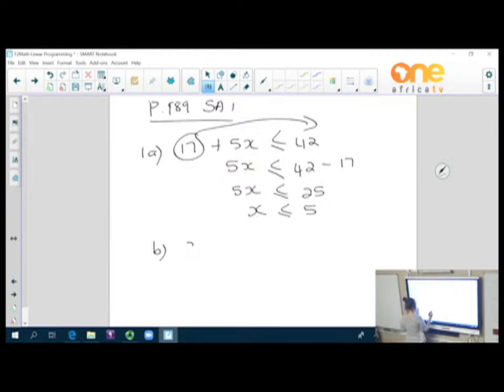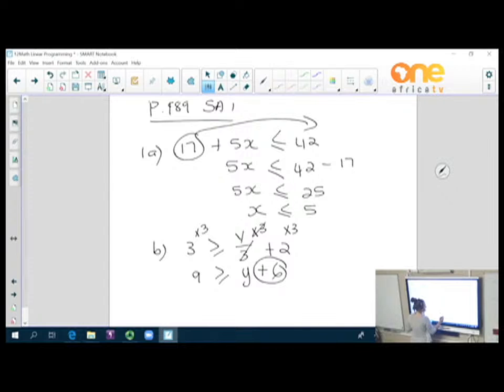Number B, 3 is more than or equal to y divided by 3 plus 2. First of all, get rid of your fraction, so we will multiply all of them by 3. What you do with one, you must do with all of them. So these two will cancel each other out. 3 times 3 is 9, is more than or equal to y plus 6.